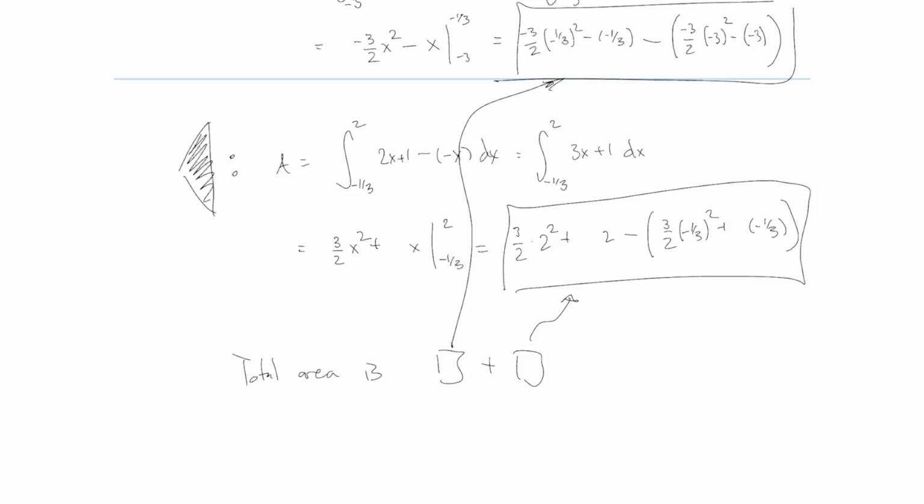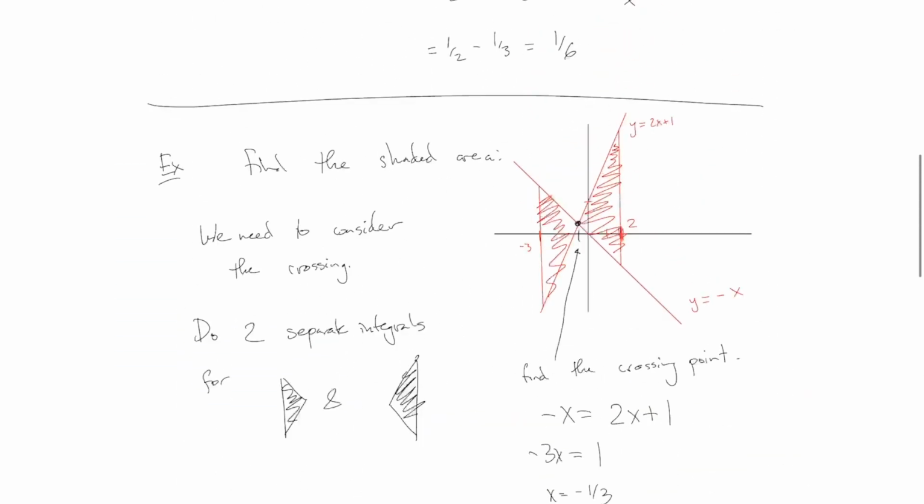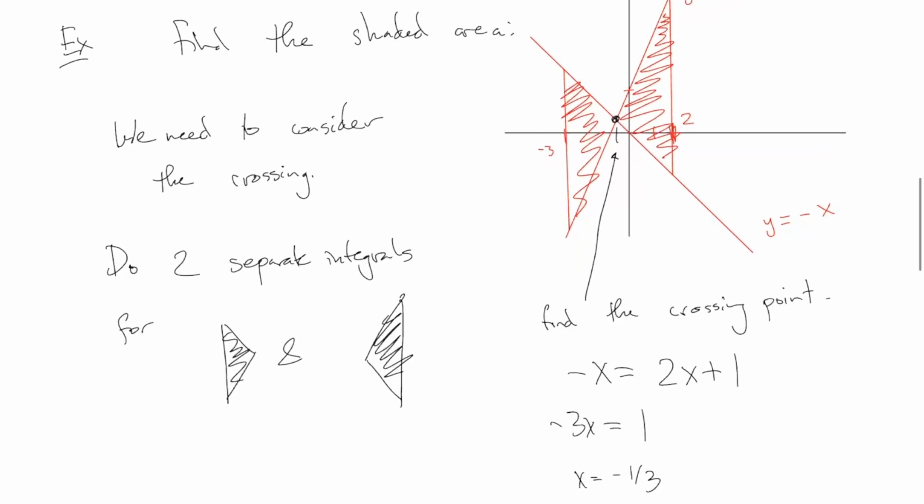I have some for you all to try, but actually I have one more variation. So this one that we just did was a slight complication because you had to break it into two pieces and figure out where this intersection point is to break it up. One more complication that could happen.